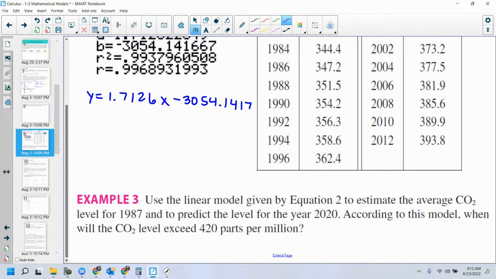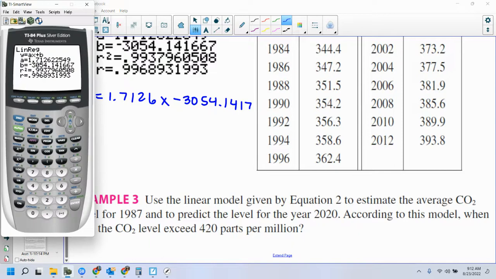So I'm just going to go back in. Because this is linear, I can just say 1.7126 times 1987. Oh, no, I wanted parentheses right here. Okay. 1987 minus 3054.1417.